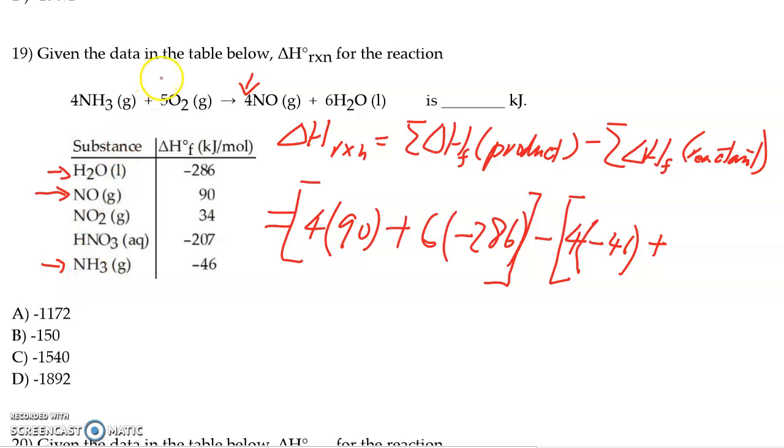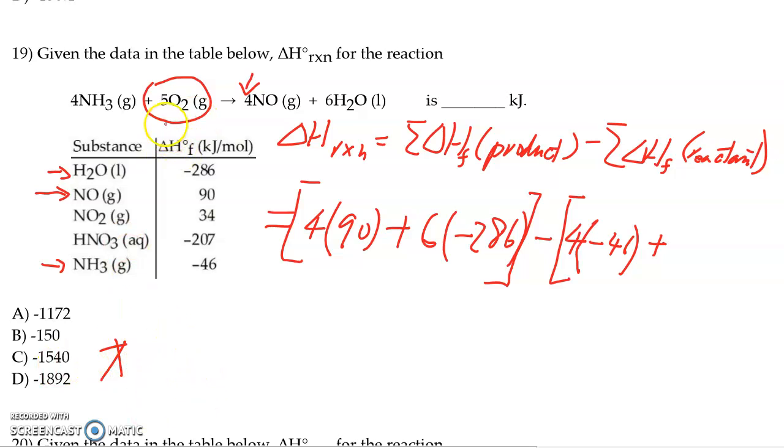All right, remember, what is the enthalpy of formation for an ingredient that is in its elemental state? Anything that is in its elemental state and most stable state will be equal to 0. Okay, so be very careful.